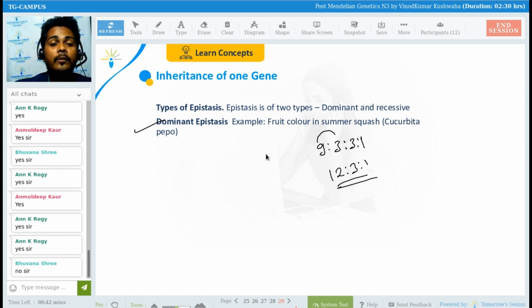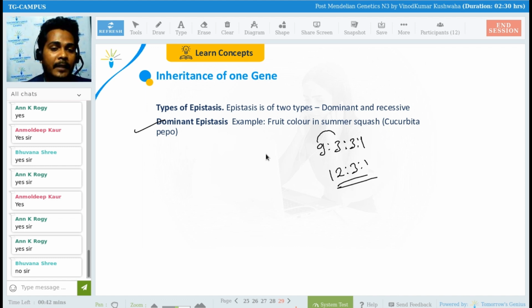Because it is going to dominate over its own allele, it is effective even in the heterozygous condition. The example related to dominant epistasis is Cucurbita pepo, the fruit color in Cucurbita pepo, a kind of summer squash.